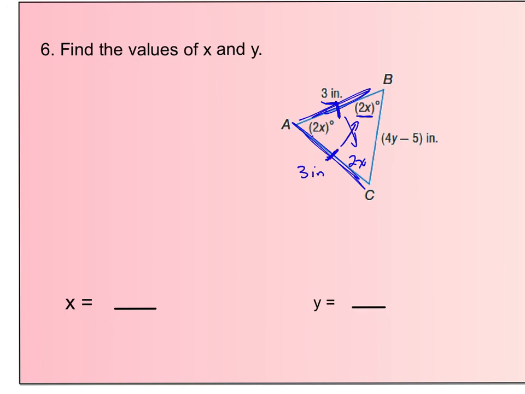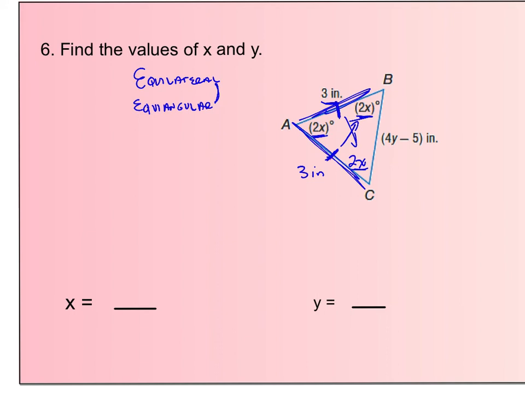But notice, that makes all three of them 2x. Okay, so all three are equal. The only way all three are equal is if that is equilateral, or equiangular. Either way, you know, they're one and the same. They're synonymous.